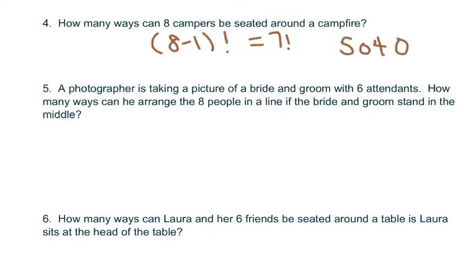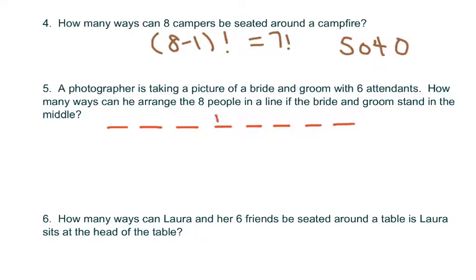Okay? Now, this one, a photographer is taking a picture of a bride and groom with 6 attendants. How many different ways can he arrange the people in a line if the bride and groom stand in the middle? Now, this one is a tricky one. So we have 8 slots here. 1, 2, 3, 4, 5, 6, 7, 8.